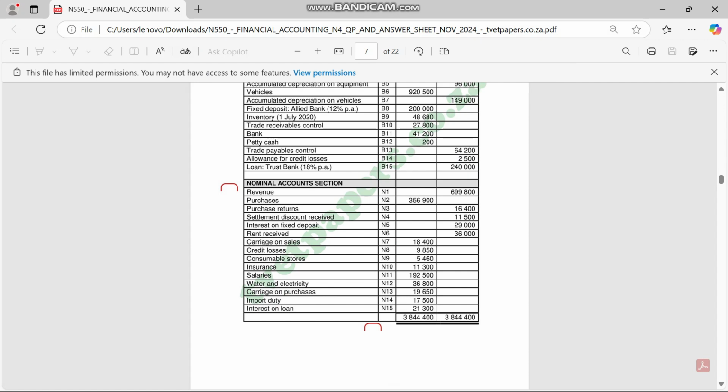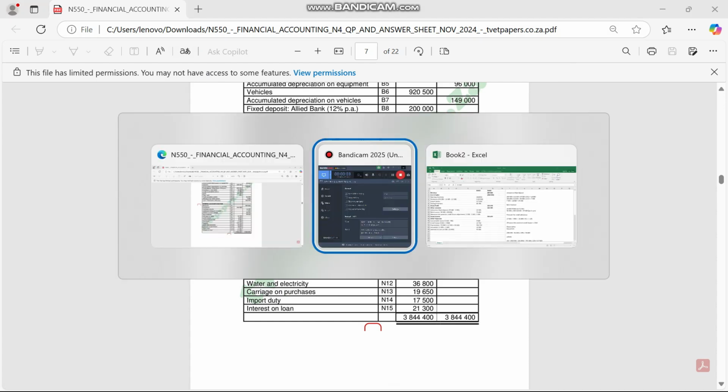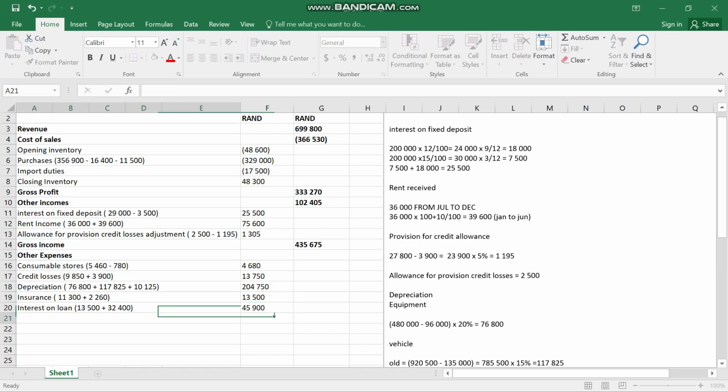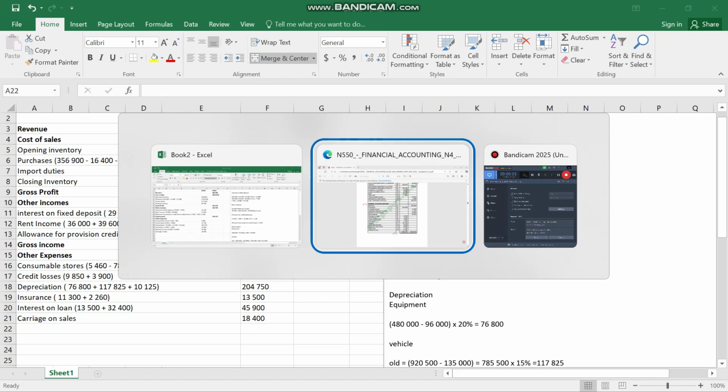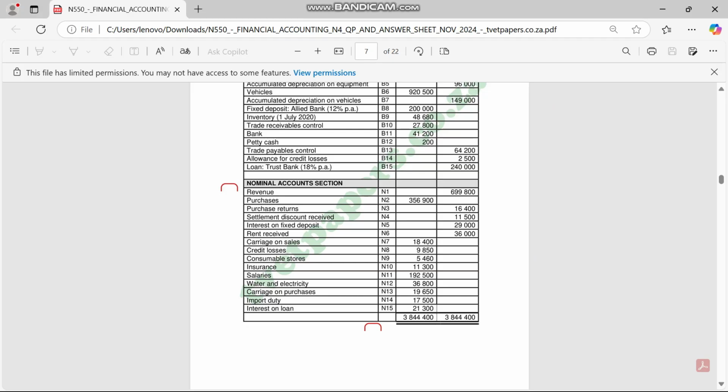Our first transfer is carriage and sales, which is 18,400. Salaries, we have what again?